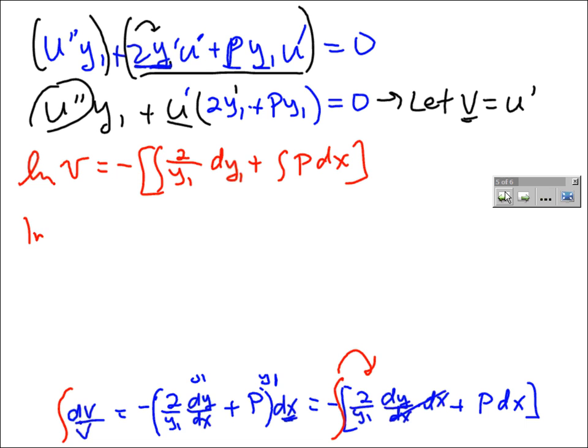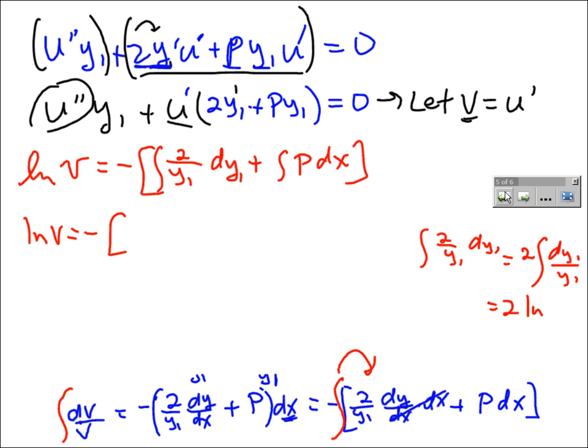Okay, so we have ln of v is negative. This first integral, 2 over y1 dy1, I can pull a 2 out in front, and I get dy1 over y1. Well, that's 2 times ln of y1, plus the integral of p dx.